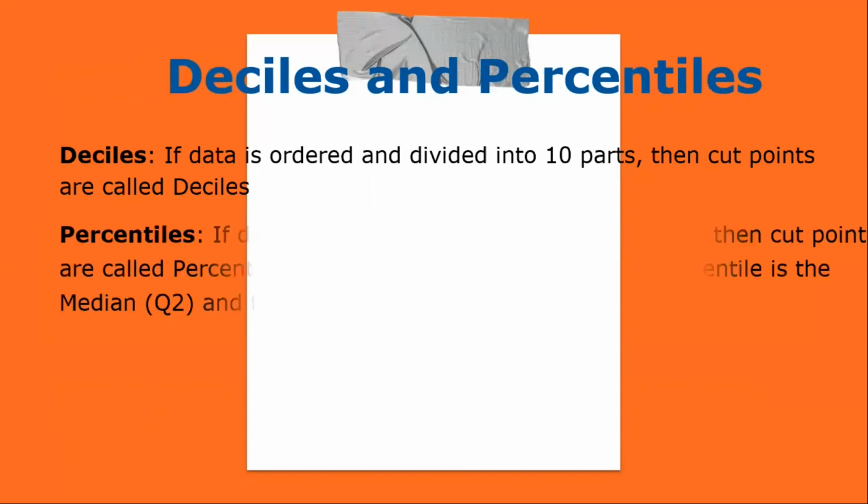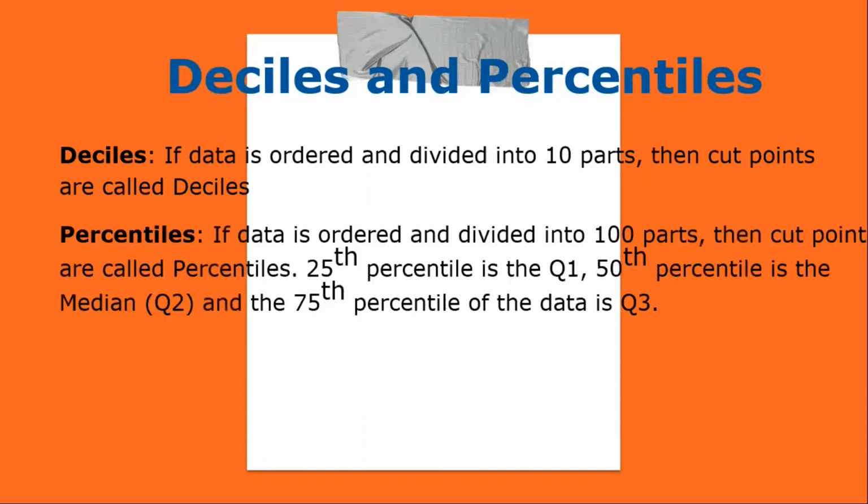Percentiles: if data is ordered and divided into 100 parts, then cut points are called percentiles. The 25th percentile is Q1, the 50th percentile is the median, Q2, and the 75th percentile of the data is Q3.